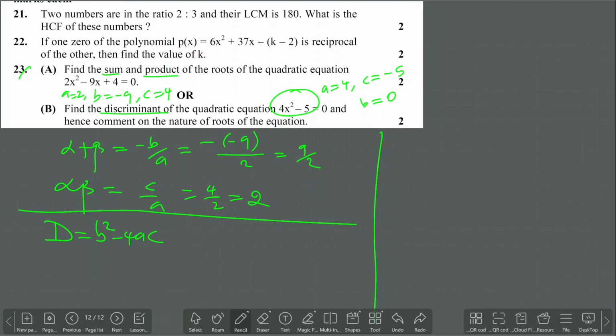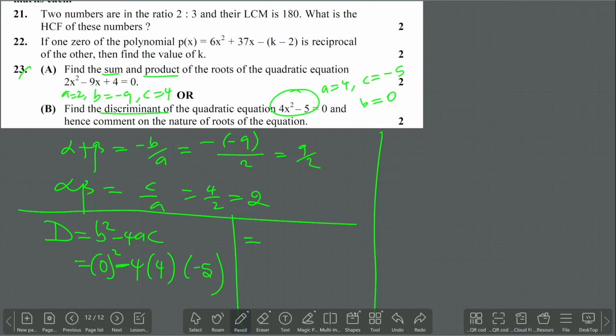Means whether it is no solution, equal solution, that we have to say. So, b value 0, minus 4 into a value 4, c value minus 5. 0 square is 0.